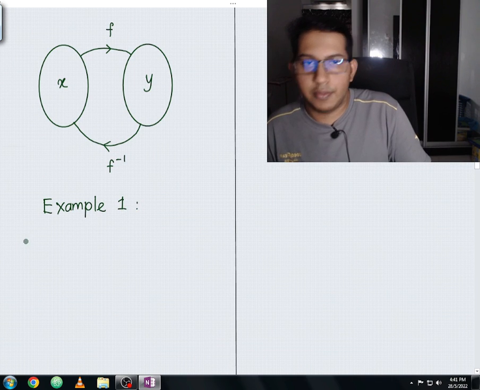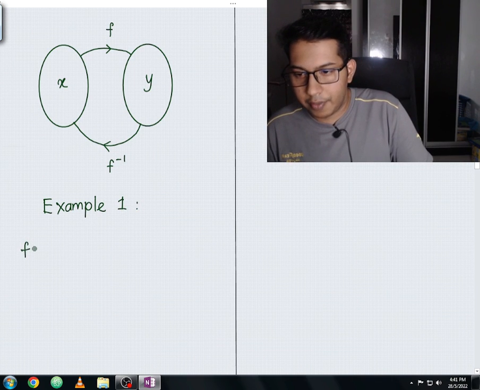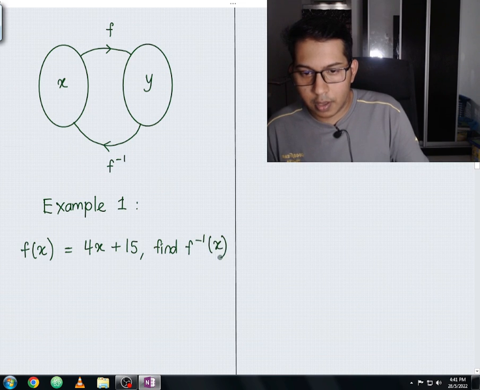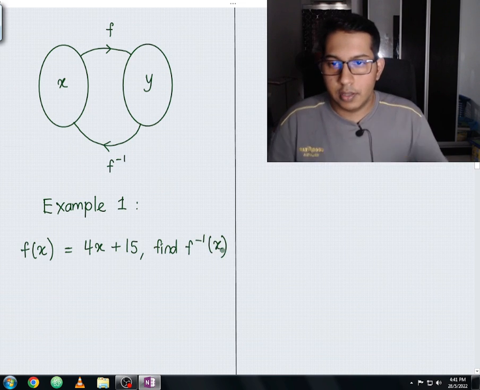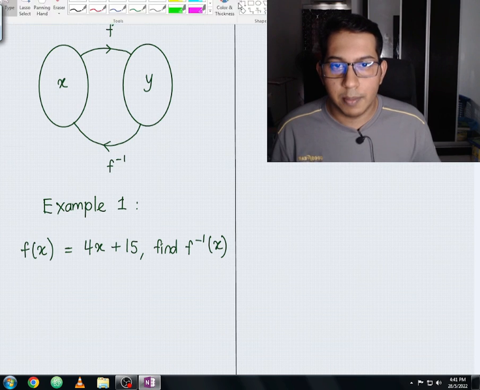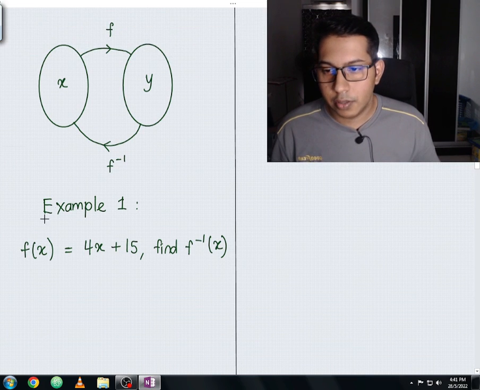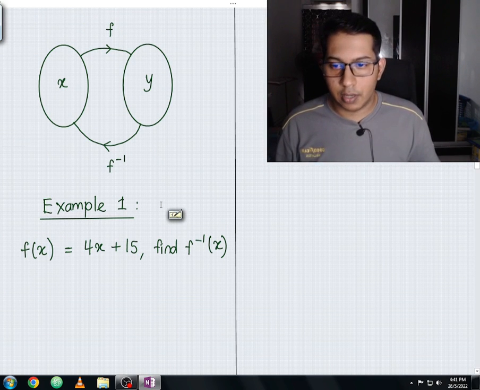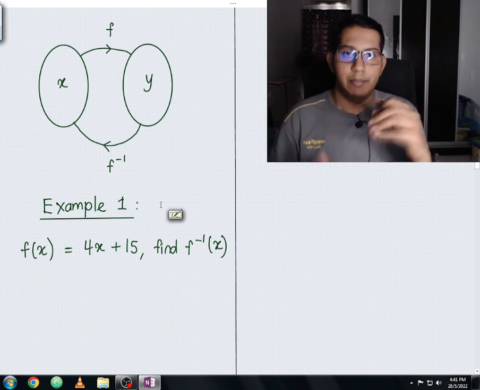Let's say a question gives you f(x) is equal to 4x plus 15, and it asks you to find f inverse x. So this is the basic inverse question. You need to know how to convert from a normal function to an inverse function. I'm going to teach you step by step working, guys.